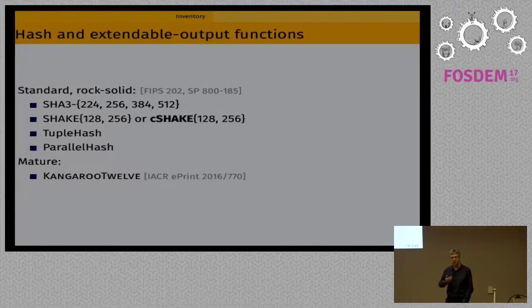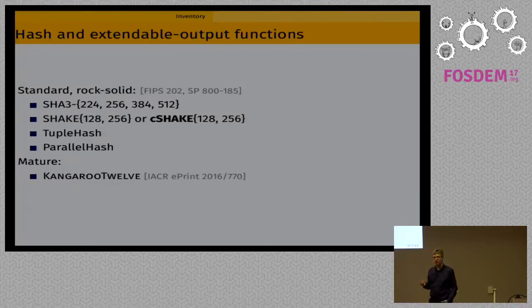So cSHAKE is like SHAKE, except that you have an extra input, which is a customization string, and the advantage is that you can have domain separation between different hash functions. So if you put a different customization string, you immediately get a new hash function with an output that is independent of cSHAKE with a different customization string.